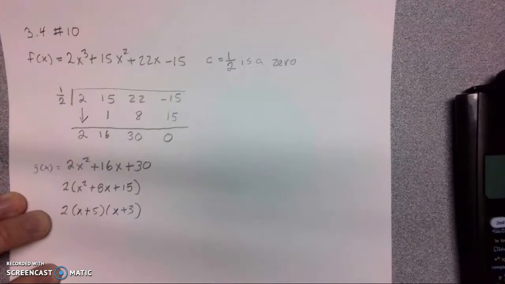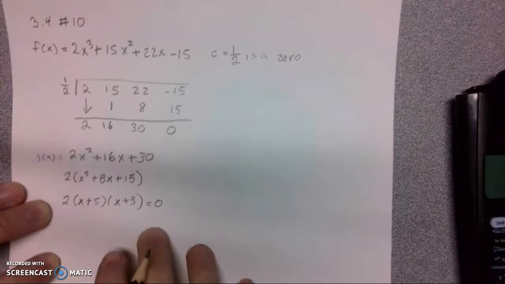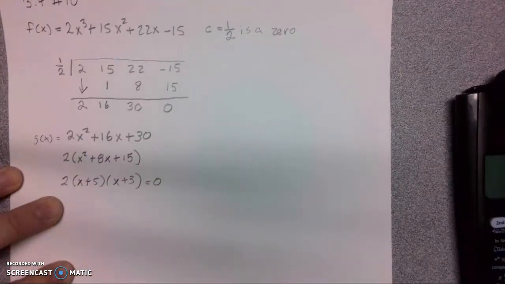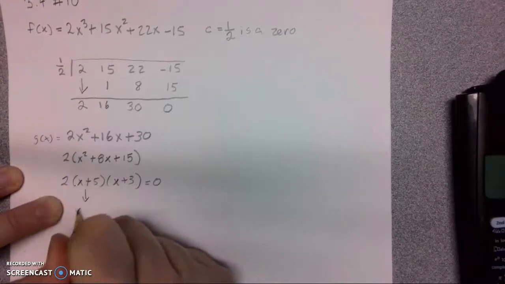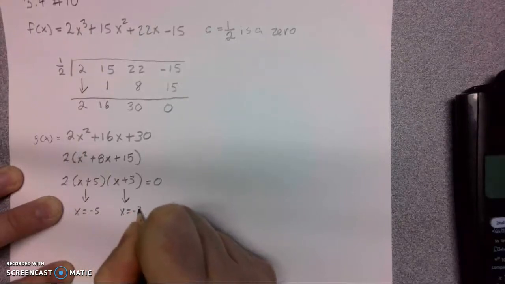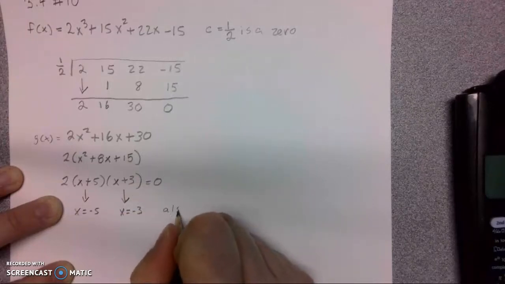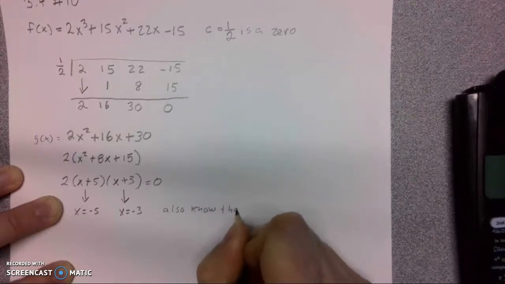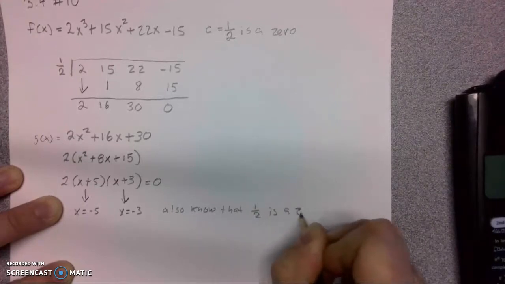Okay. So if we have this equal to 0, then each piece here is going to give us a part of the result. So we'll get x is equal to -5 and x is equal to -3. And we also know that 1/2 is a 0.